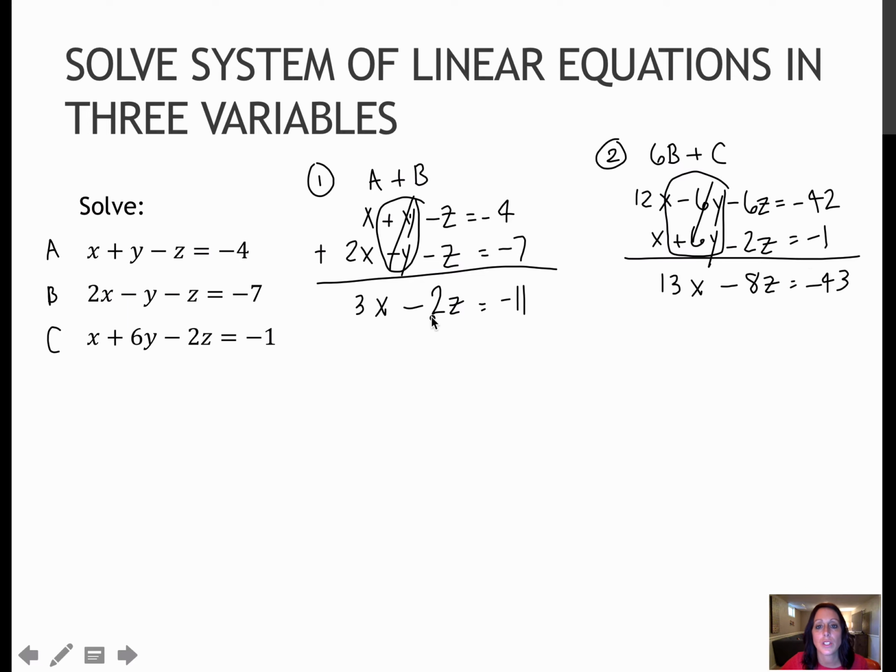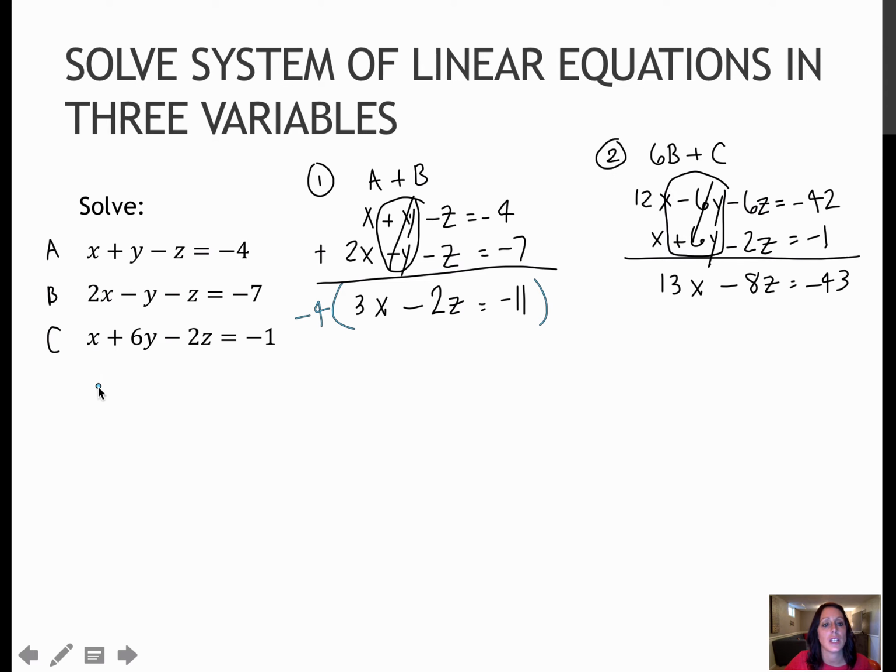I'm going to choose to solve this system either by substitution or elimination. I'm going to use elimination, so I'm going to take this whole equation times -4, and I chose -4 because I was looking at my z. I said minus 8z could eliminate with a positive 8z, so I would have to take -2 times -4 to make it positive 8.